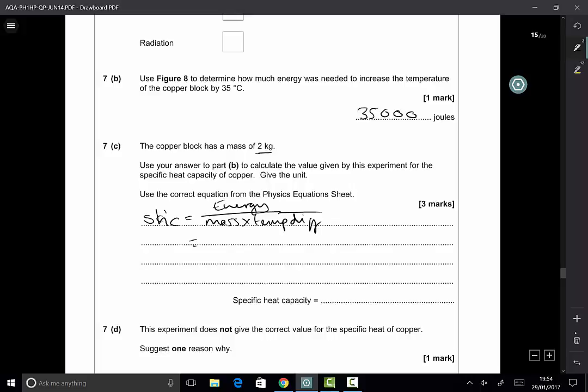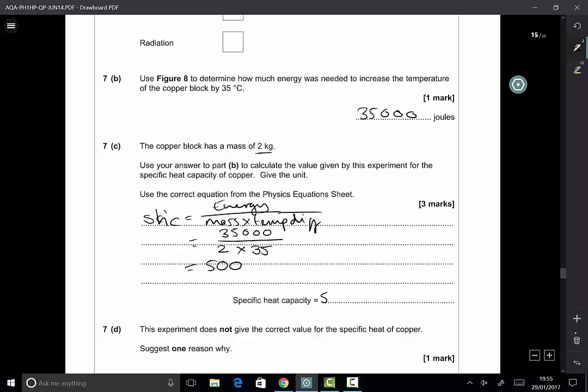Okay, so we know that the energy change was 35,000 joules, the mass was 2 kilograms, and the temperature difference was 35 degrees. See if I can do this without a calculator: the 35s cancel out, so that's 1,000 divided by 2, which is 500.